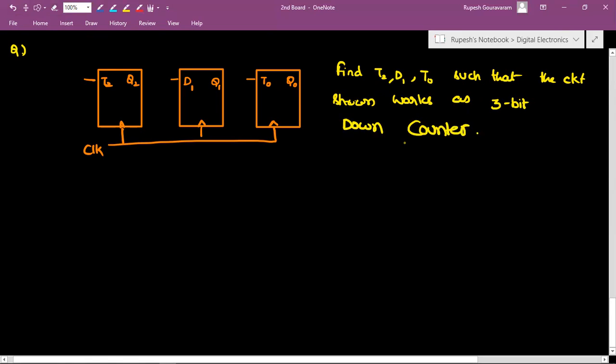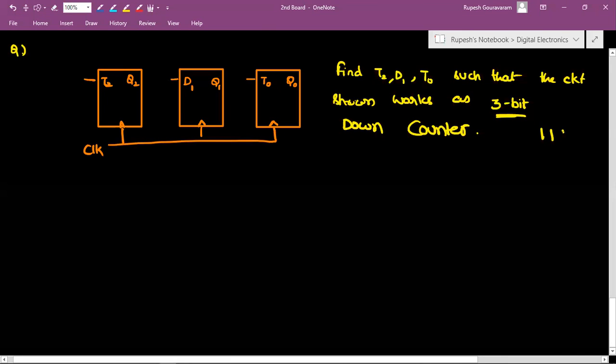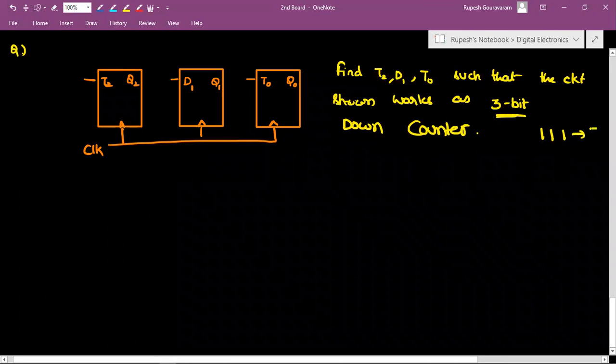Okay, 3-bit down counter. So down counter means it counts down. Up counter means it counts 0 1 2 3 4 5 6 7 8 9. Down counter means it counts 9 8 7 6 5 4 3 2 1. So 3-bit maximum value that can be acquired is 111. 111 corresponds to 7. So from 7 it counts 7 6 5 4 3 2 1 0 and 7.